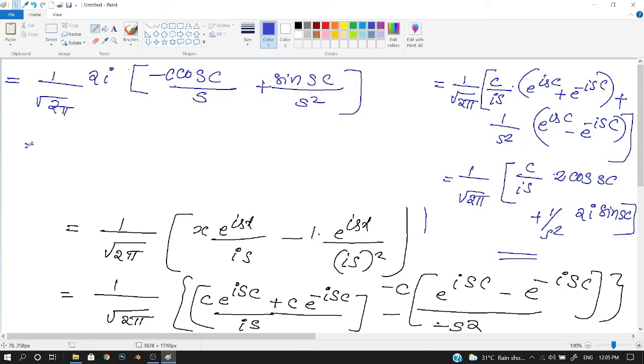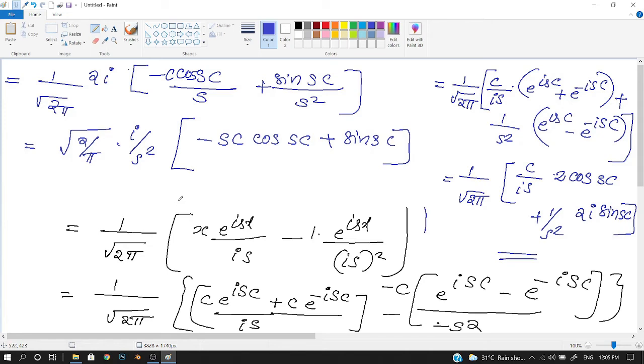So this is equal to root of 2 by pi, then I by s square, and inside the bracket you have minus sc cos sc plus sin sc.